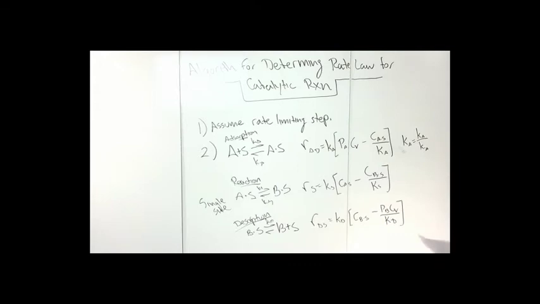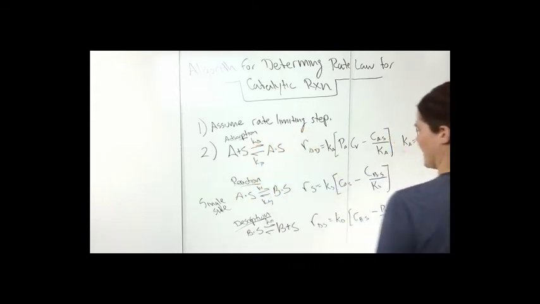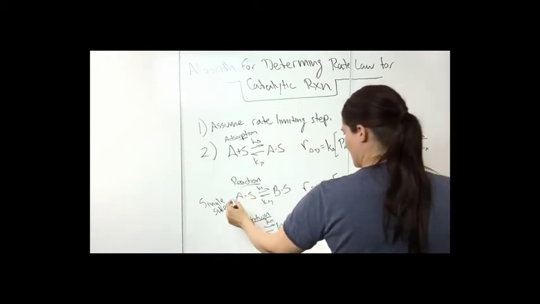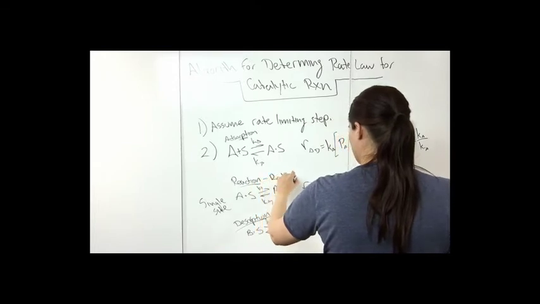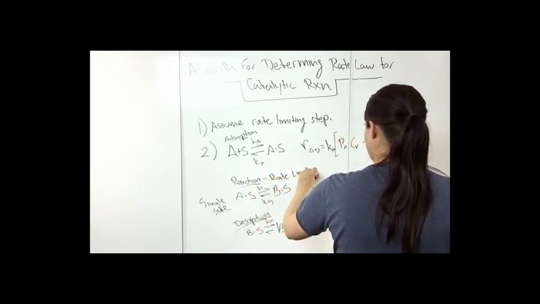So then at this point I have hopefully already assumed a rate limiting step. So let's just say that I'm assuming that the reaction is rate limiting.